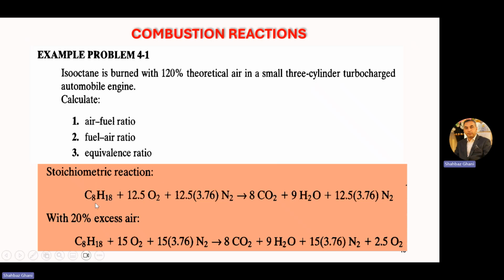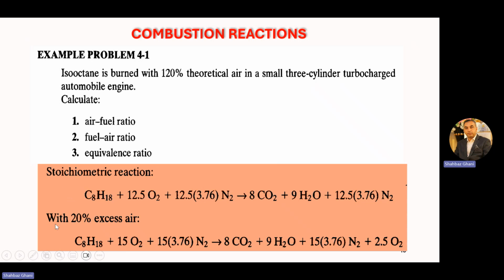The stoichiometric reaction is C8H18 plus 12.5 O2 plus 12.5 times 3.76 N2, giving 8 moles of carbon dioxide plus 9 moles of water vapor plus 12.5 times 3.76 of nitrogen. This is the stoichiometric reaction, or the balanced chemical equation.